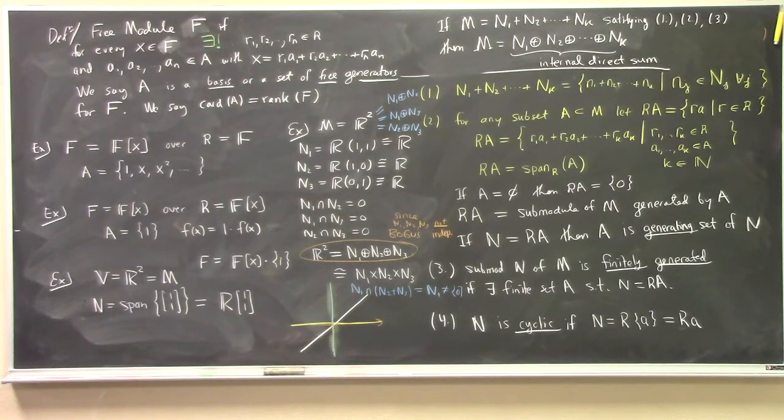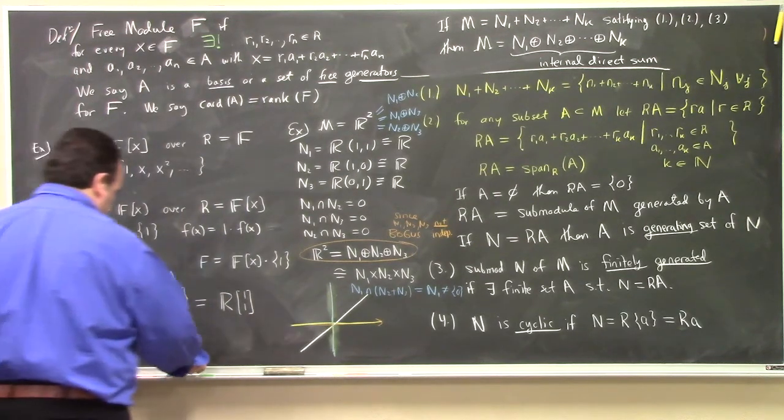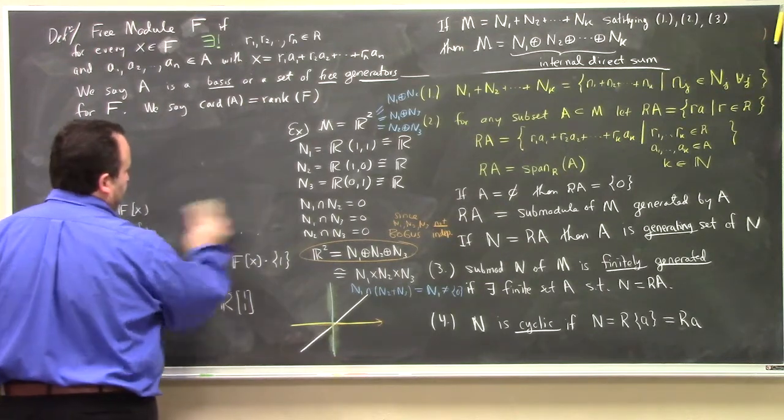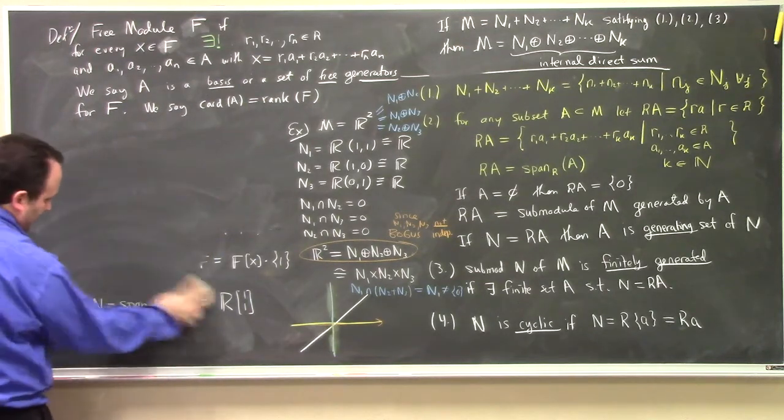We need another example here today to finish things. We need an example of a submodule which is not free. Can we look at an example of a submodule which is not free? Or a module which is not free?